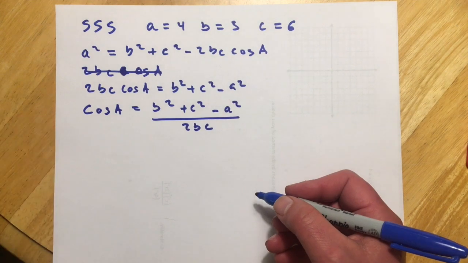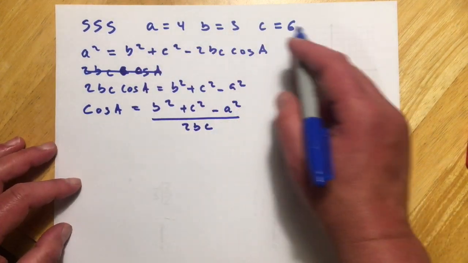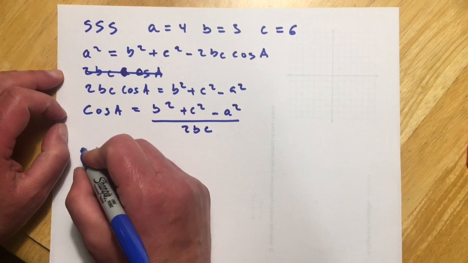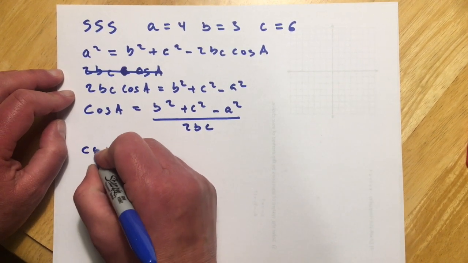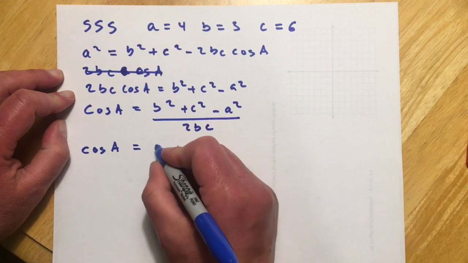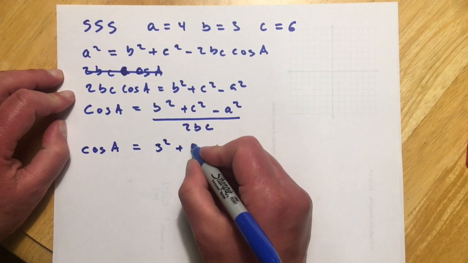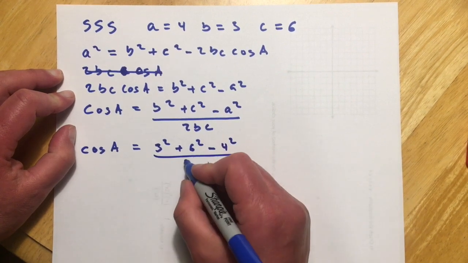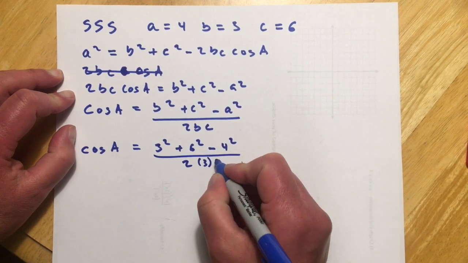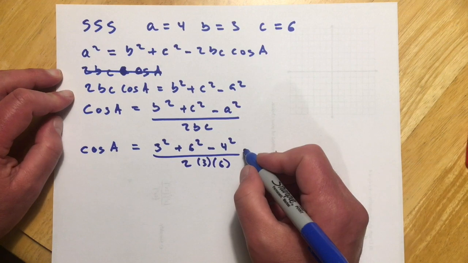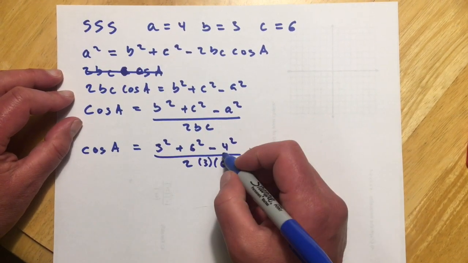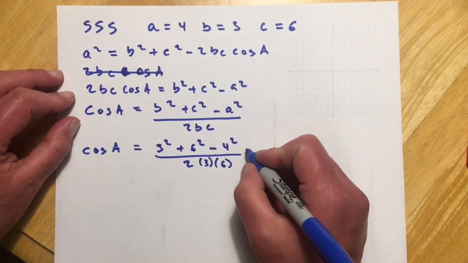Once we do that, I can plug in a, b, and c, and that's going to give me the cosine of A. So 3 squared plus 6 squared minus 4 squared over 2 times 3 times 6. Chunking all of that into a calculator, I think I turned it into an exact value.